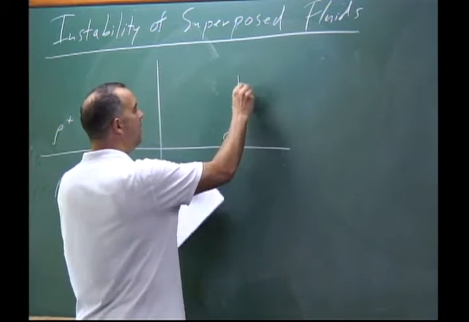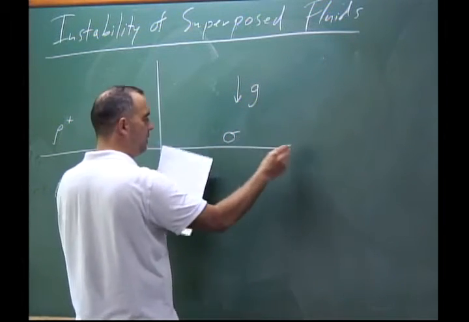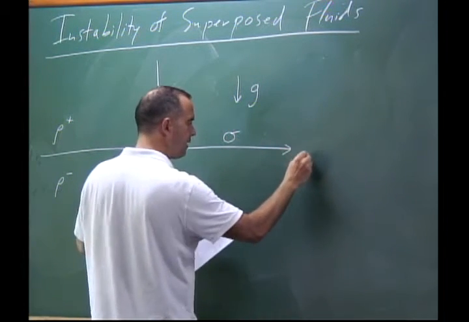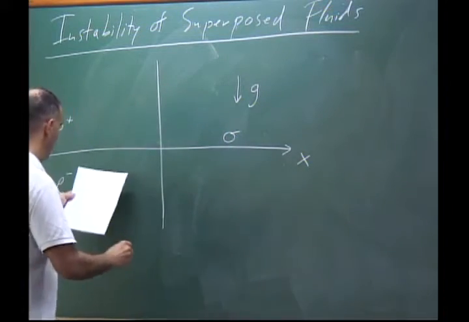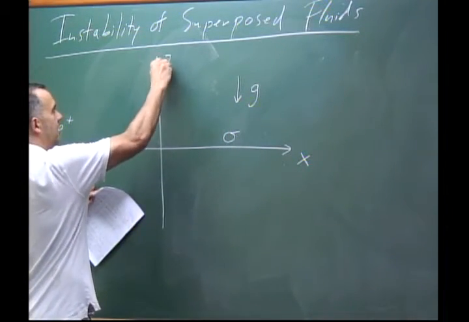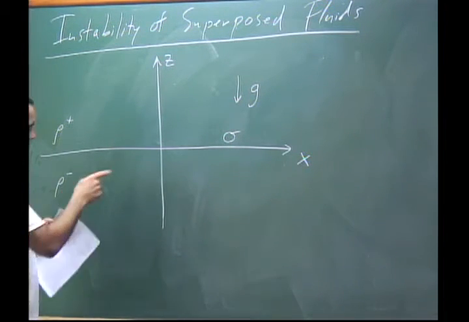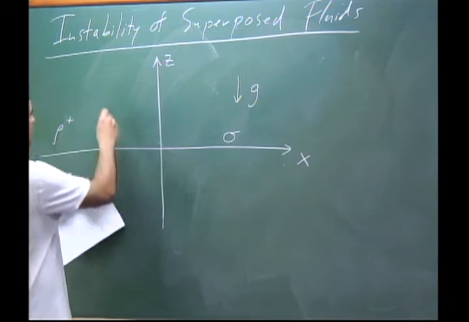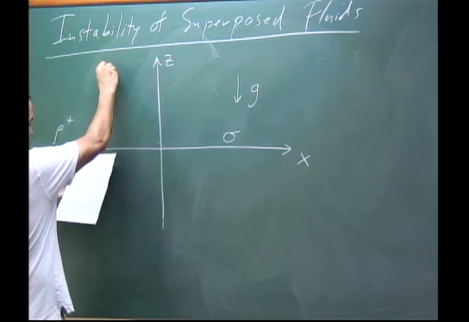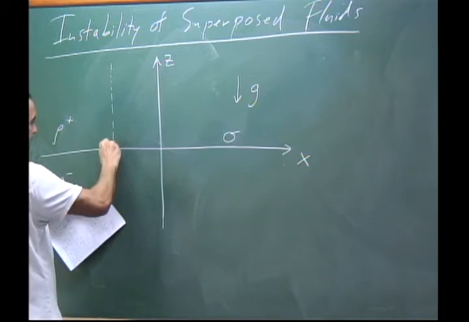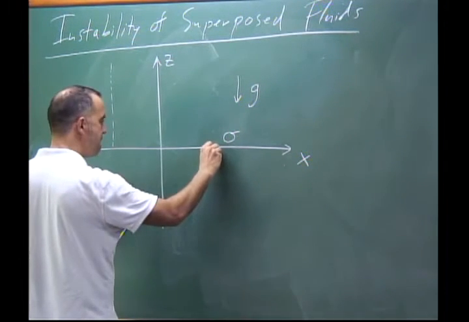Otherwise, as a feature characteristic of this course, we have X and Z as the horizontal and vertical coordinates. Y is into the board. We have our basic state is shear.